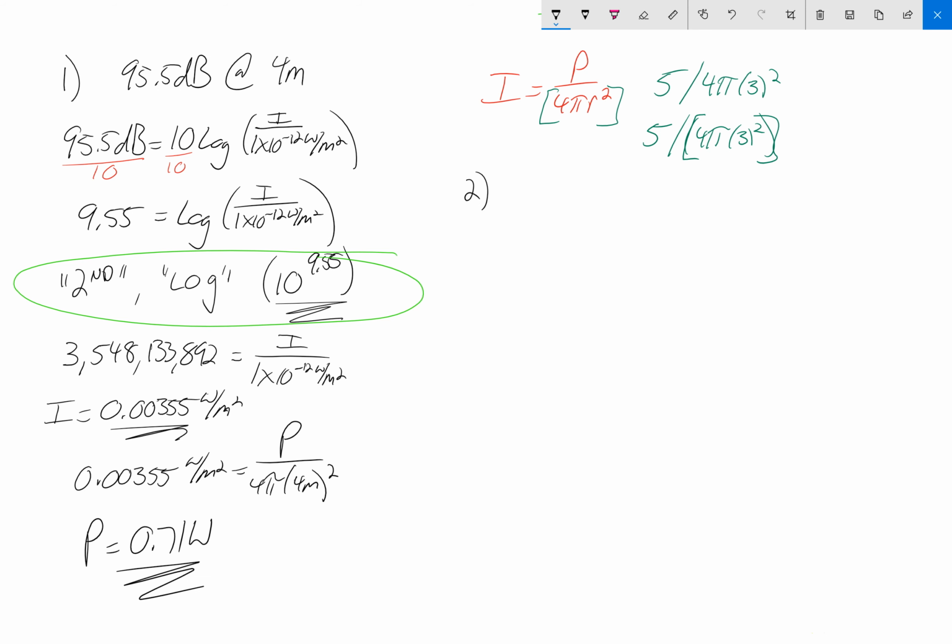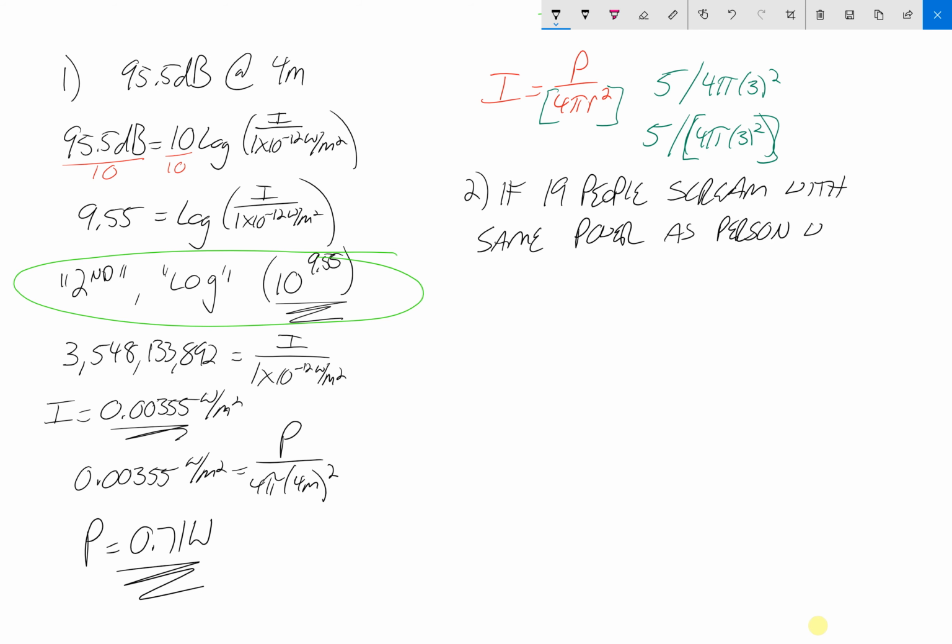It's maybe like if 19 people scream with the same power, sorry, handwriting not good, same power as the person who originally screamed. Who originally screamed?